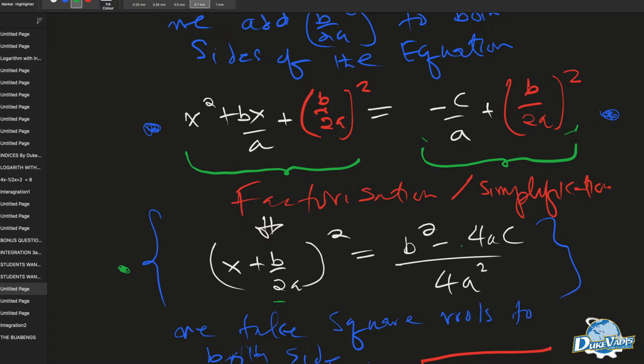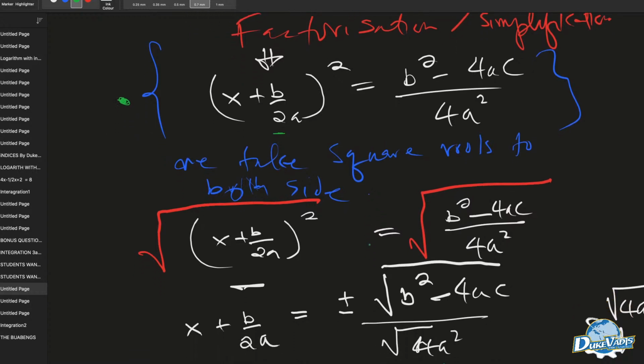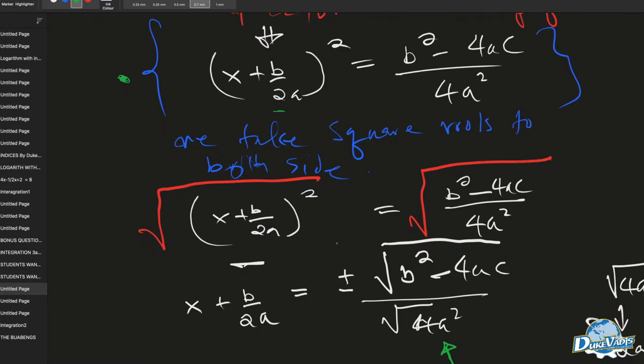Then we're going to have b squared minus 4ac, all over 4a squared. Then we said we got to take the square root of both sides of the equation. So as you can see in red again, when we take the square root of a square, it ends up becoming the value itself. So that's the reason why we're going to have x plus b over 2a.